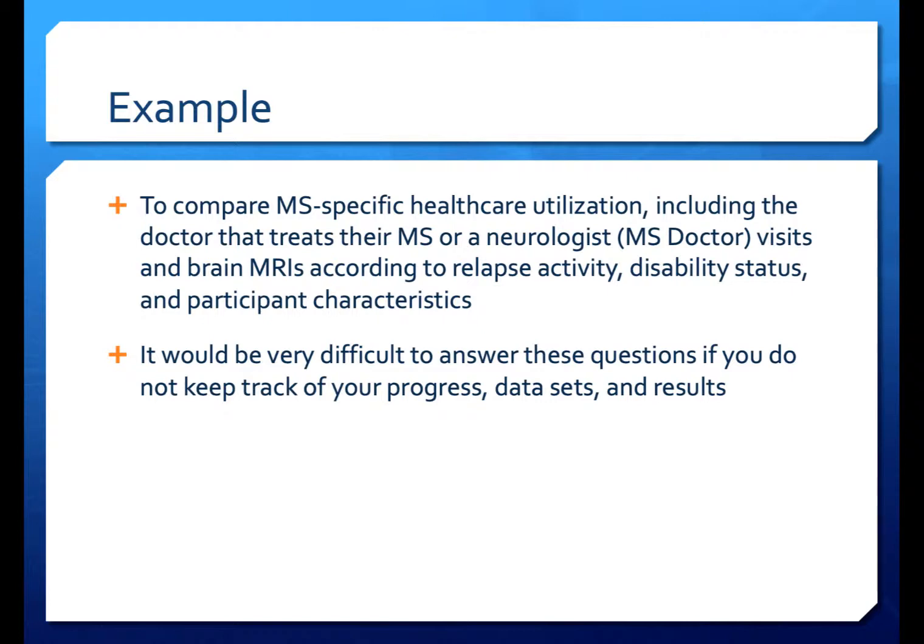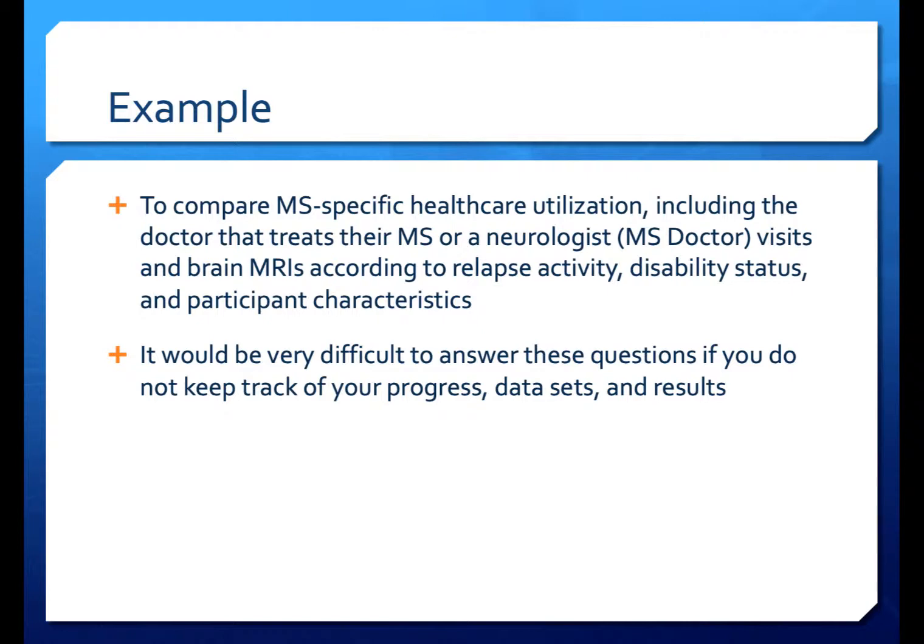So we'll start with an example here. This is looking at multiple sclerosis specific healthcare utilization. So wanting to look at doctors that treat MS or a neurologist that treats MS, visits to have a brain MRI, and then looking at that by relapse activity, disability status, and participant characteristics.